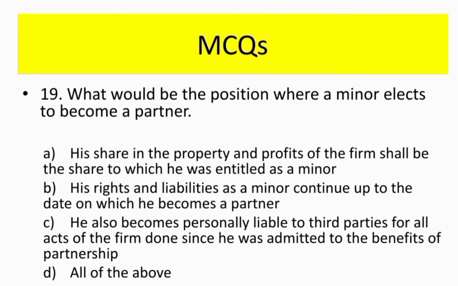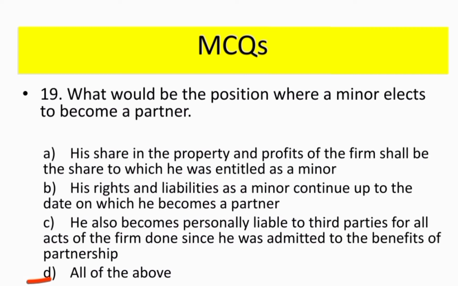How is it? Option A says his share in the property and profit of the firm shall be the share to which he was entitled as a minor. That will remain the same. Option B says his rights and liabilities as a minor continue up to the date on which he becomes a partner.